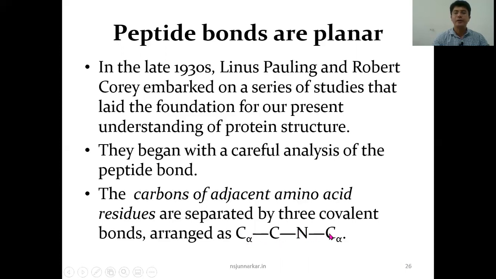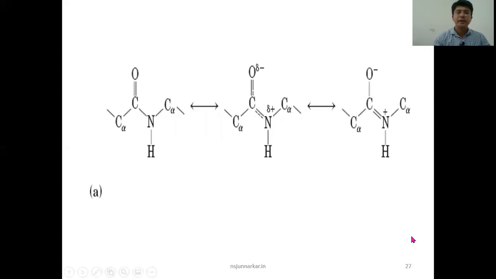by three covalent bonds. Here the resonance is shown, that between the C-N bond and the oxygen of the carbonyl carbon, the electron cloud can resonate, which results in a dipole, and hence the C-N bond, the peptide bond, is partially double bonded in nature.